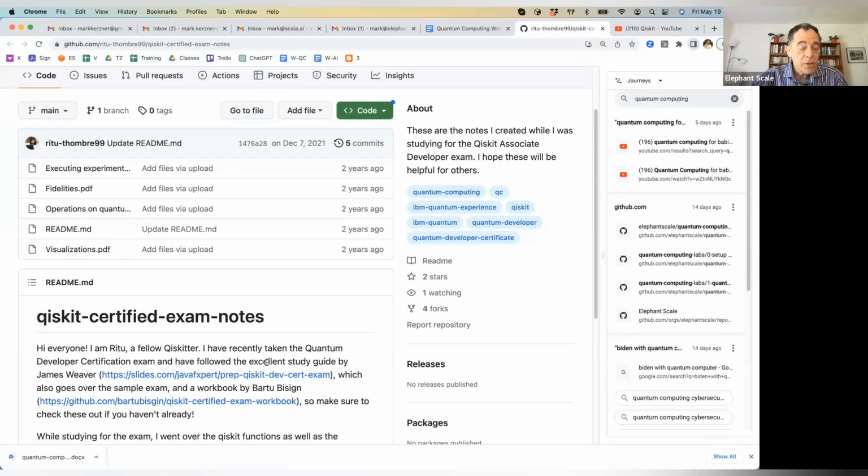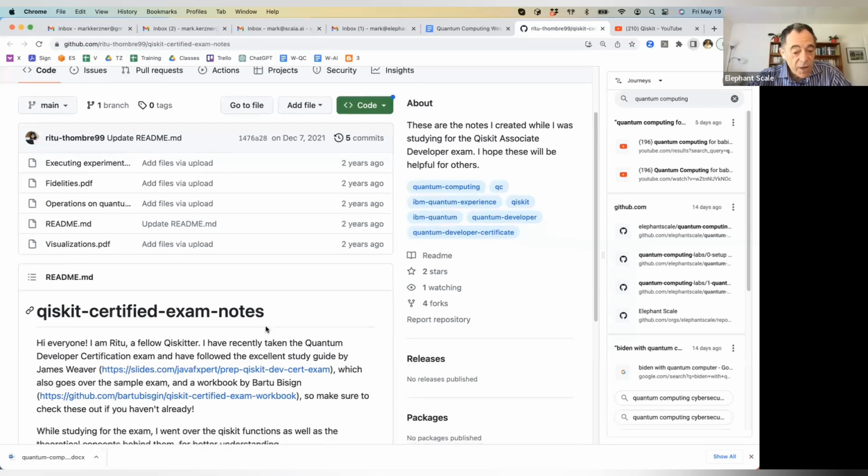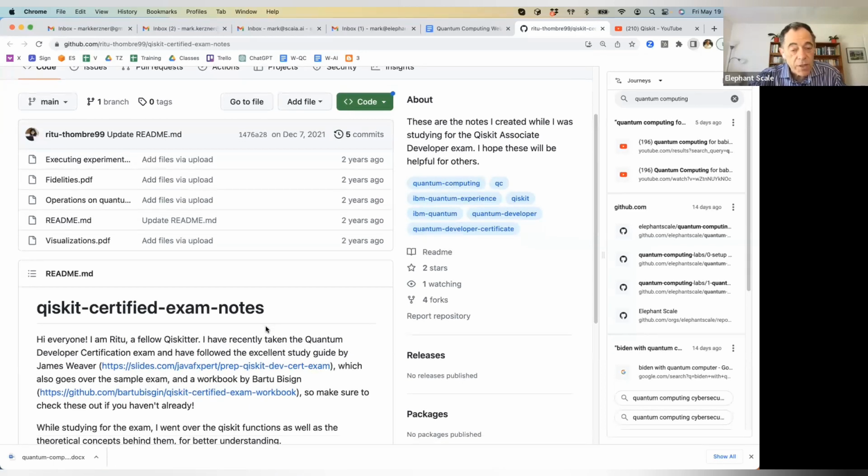My whole interest in quantum computing started from an article in IEEE, that's the Electrical Engineering Society. The people from one of the national labs wrote a very interesting article. That's how it all started.